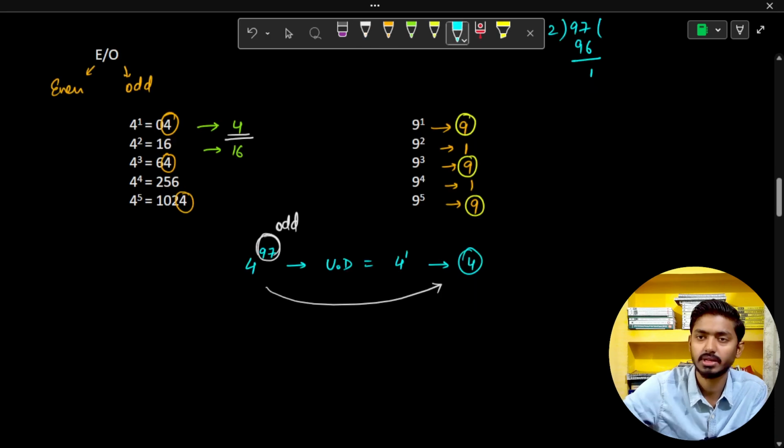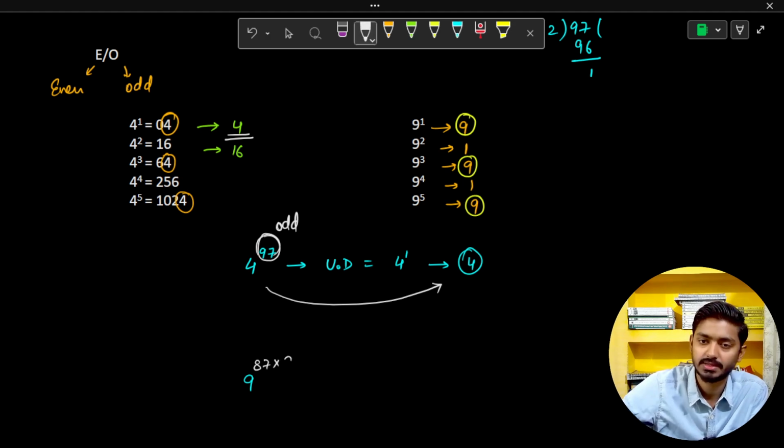Let's say you are given 9 to the power 87 times 96 times maybe 93 times 31. You are supposed to find the unit digit.